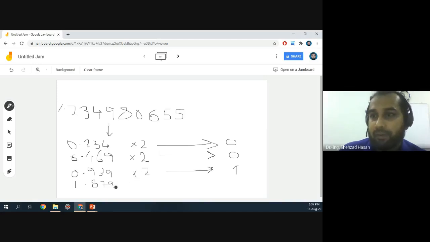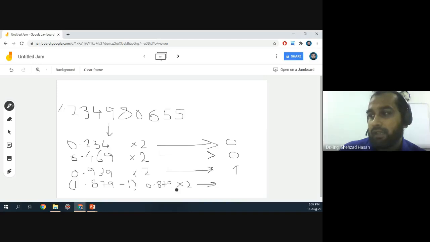We take the fractional part and remove that 1, because we have inserted that 1 over here. So subtract the 1 from this number, and what you're going to get is 0.879, and then you're going to multiply this by 2 to continue on.